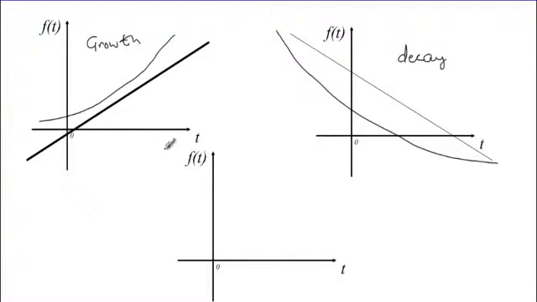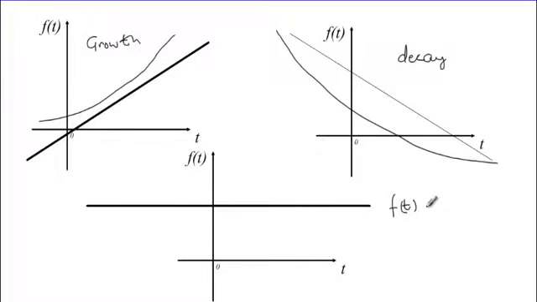So those are the two opposing situations. And on the other hand, we can also have a function in this form, which is a horizontal line. In this case, that's a function which is a constant. Now it's cutting at a certain level here, and it maintains that. Then that will be a function which is a constant.